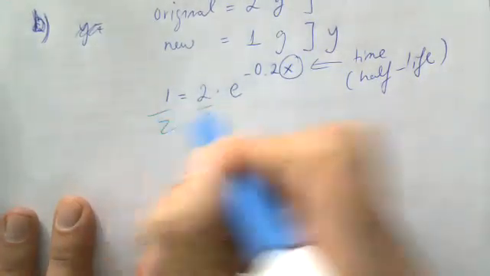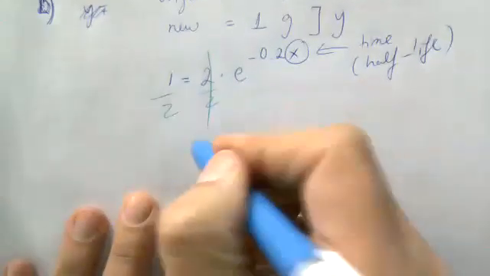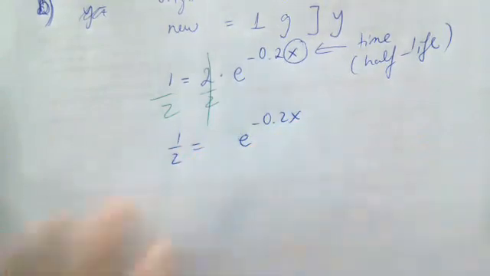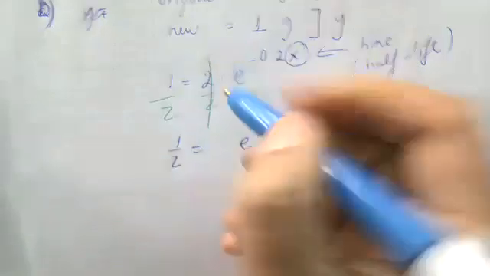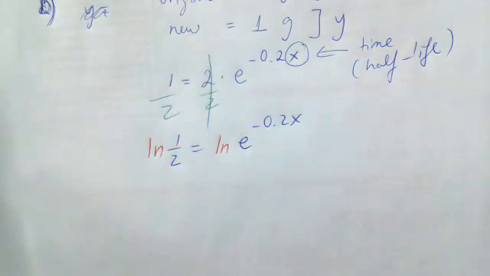So divide by 2 to eliminate that little problem. We end up with e to the negative 0.2x equals 1/2. Take ln of both sides, because the base of this power is e. If it was another base, like 10, let's say for pH problems, you would choose log, because that simplifies quite a bit.